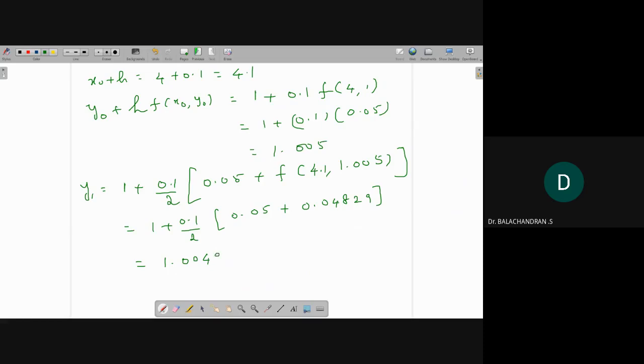The book answer is 1.0049, to 4 decimal places, but you can write the full value also. Similarly, find y2 with the same procedure. If anybody got the value, I will write it. Otherwise I will proceed like this.